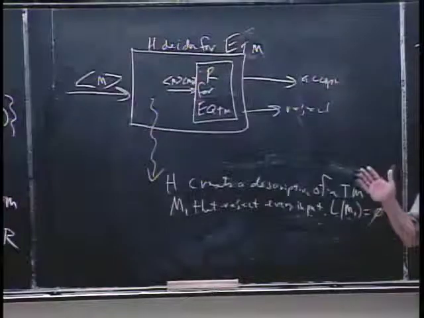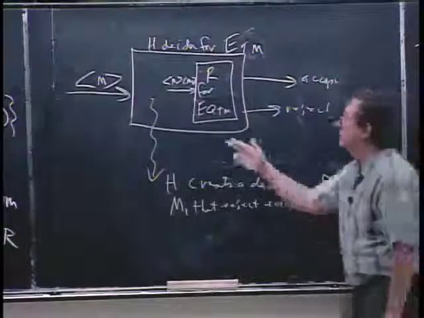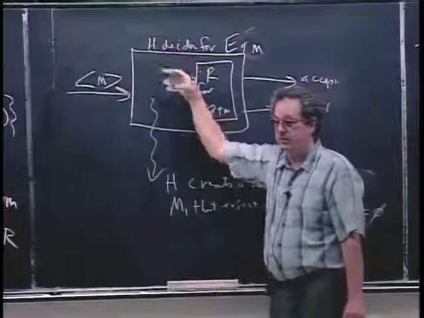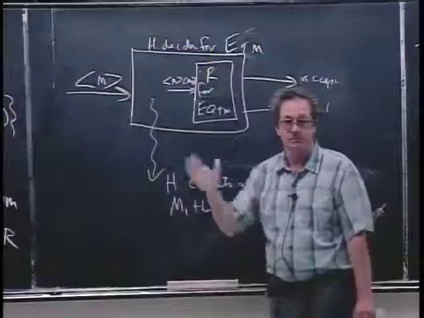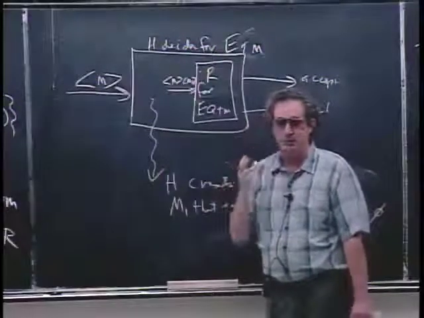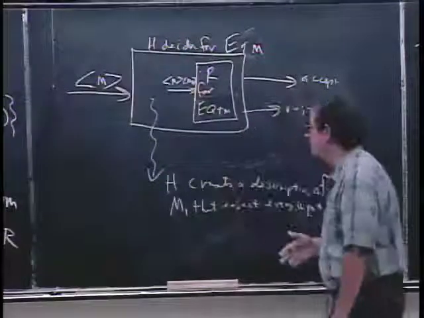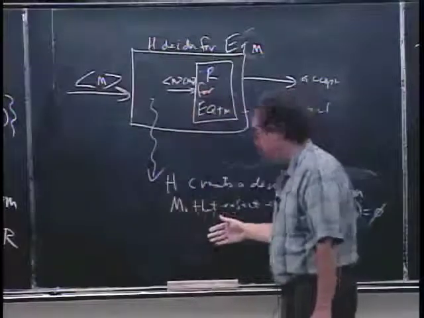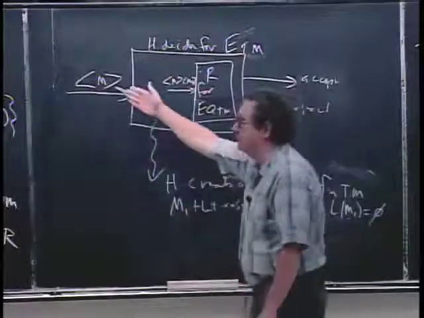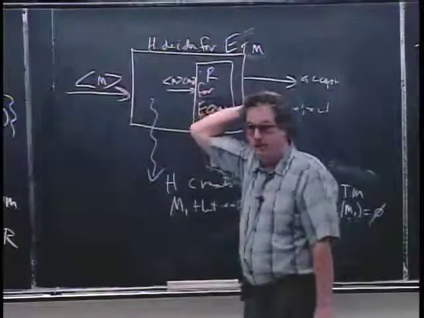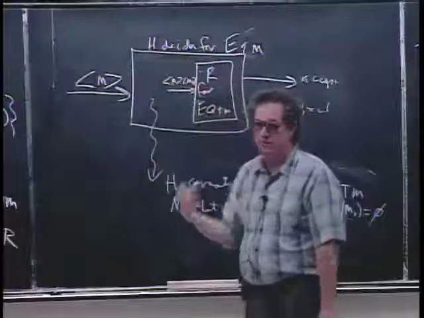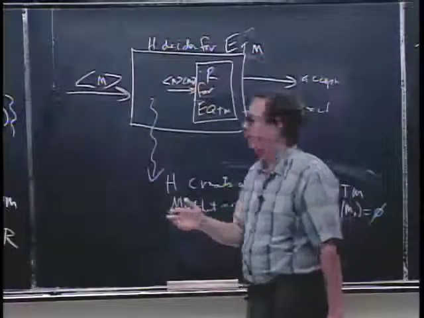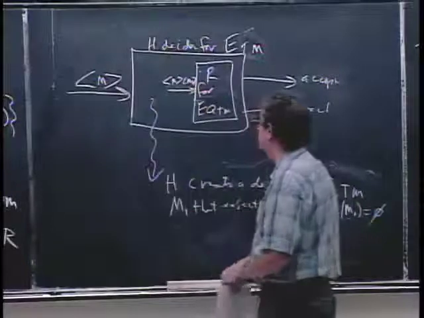M1 just rejects everything. So let me ask, do you think there's a Turing machine H that can create a description of a Turing machine that just rejects everything? Yeah, that's a pretty simple one. So certainly H can create a description of such a Turing machine. It doesn't even need to look at M. We can have that hardwired into H, the particular Turing machine that rejects everything. And that's what M1 is going to be.